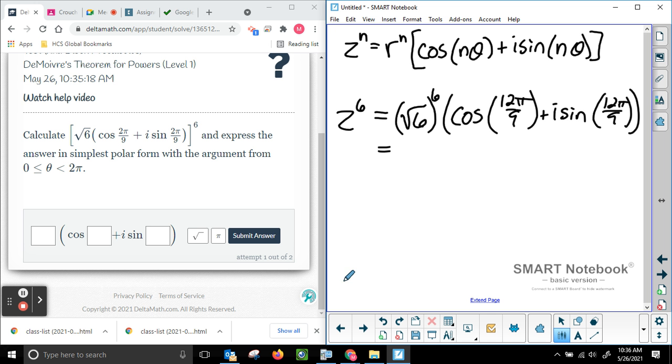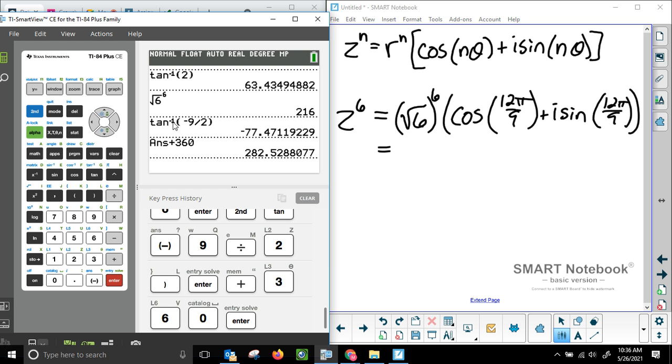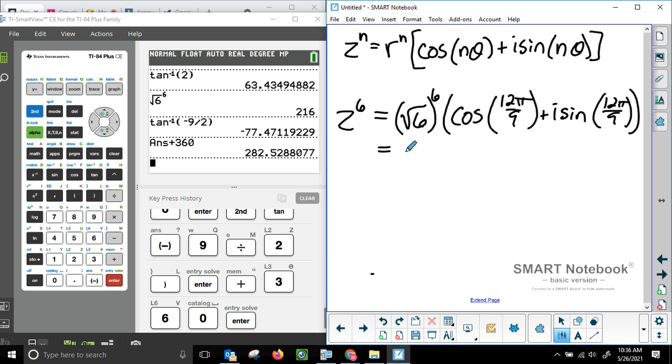You can just do this in the calculator. I think it's 216. Yep. So here we have 216 times the cosine. 12 pi over 9 reduces to 4 pi over 3, plus I sine of 4 pi over 3.